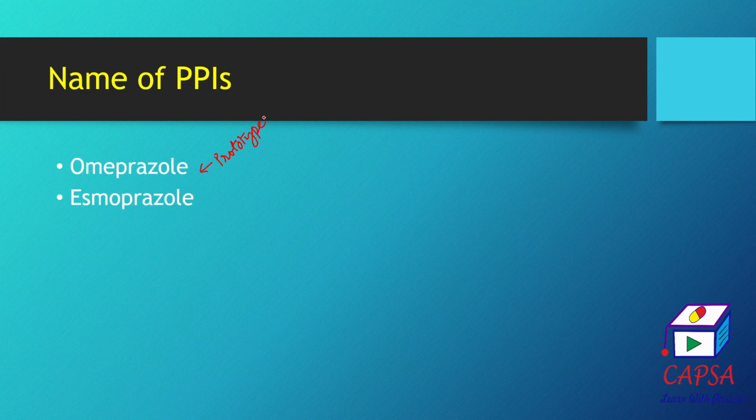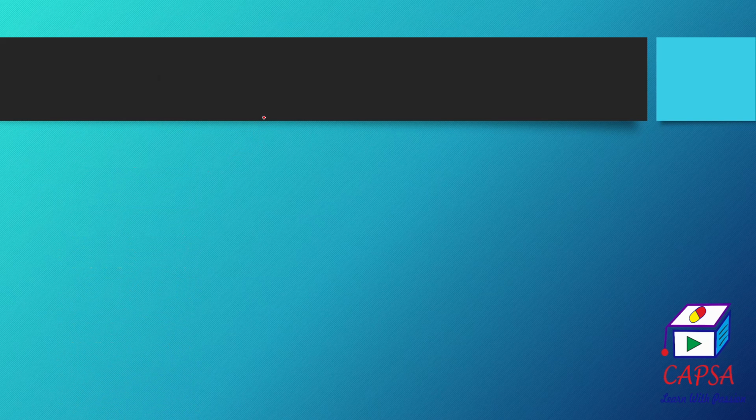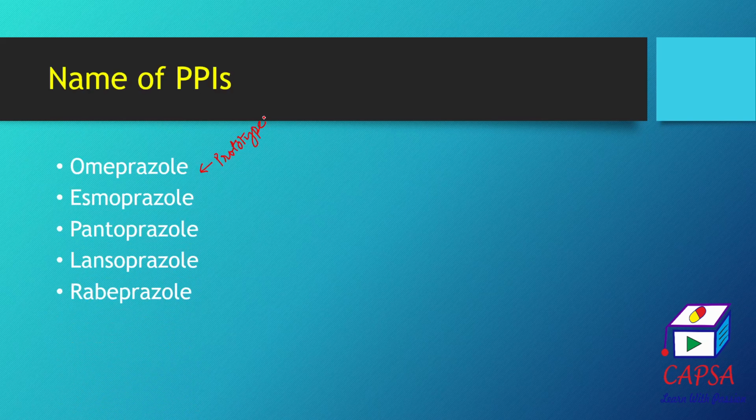Another ones are esomeprazole, pantoprazole, lansoprazole, rabeprazole, etc. You should keep in mind all these drugs should be taken 1 hour before the meal, because they interact with food and their absorption decreases. And the bioavailability obviously decreases.